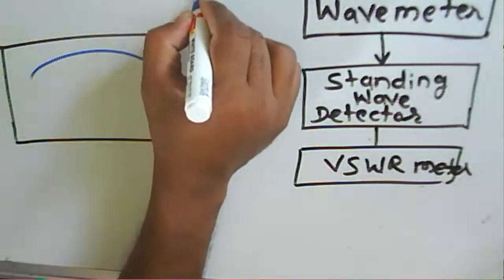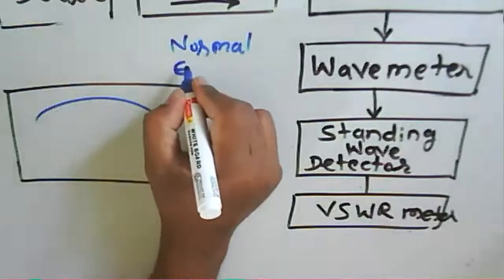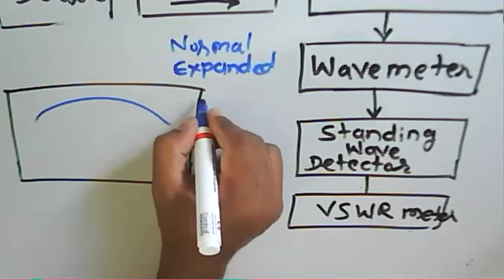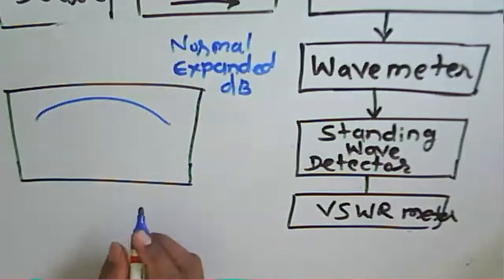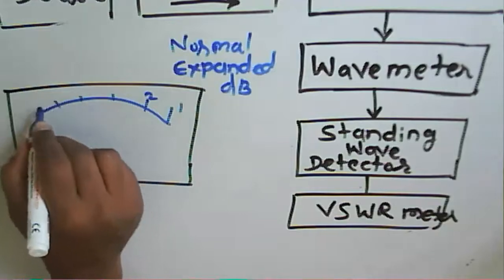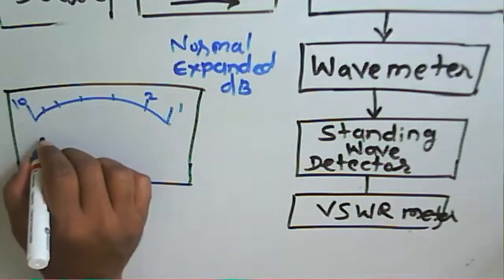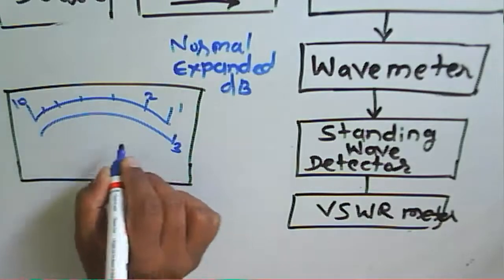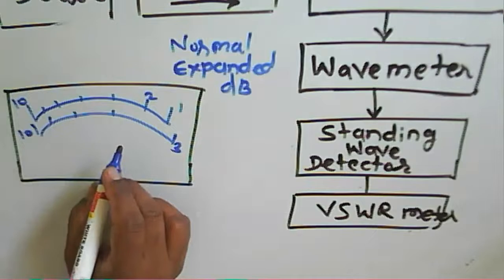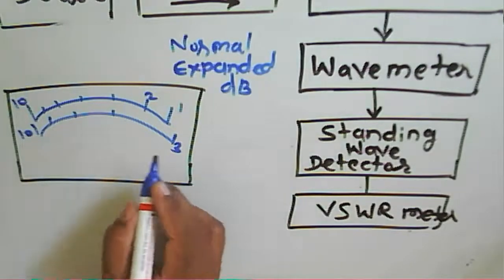On this display, there are different scales. One is the normal scale, then an expanded scale, and then a dB scale. On the normal scale we have 1, 2, 3, 4, 5, 6, 7, 10, or from 3 to 10 on the expanded scale.